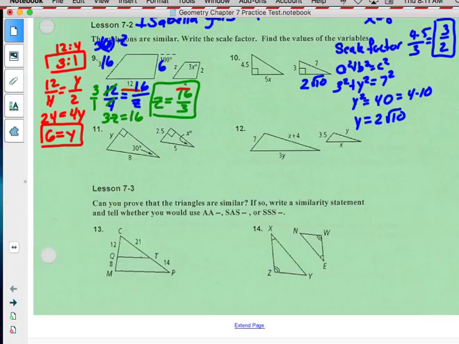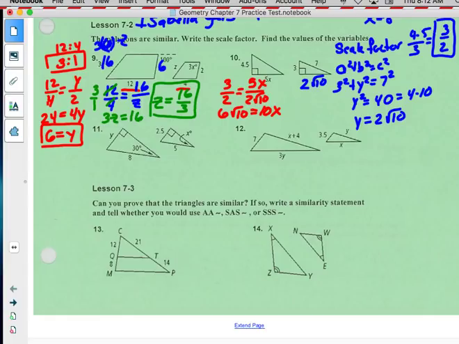So I know this is 2 square root of 10. And now that I do that, I'm going to switch colors, and I know my scale factor, which is big to little, 3 to 2. And I've got 5x in that one to 2 square root of 10. And now I've got 6 square root of 10 by multiplying by 3 is equal to 10x. And I divide by 10 there.